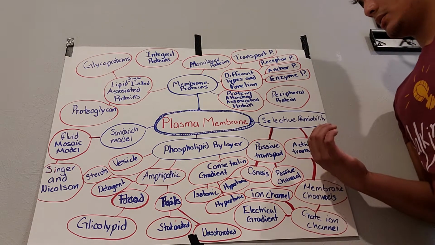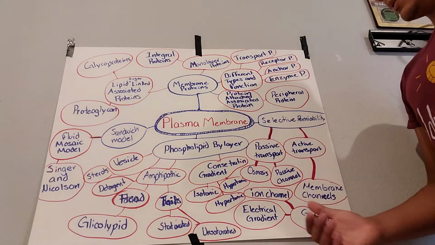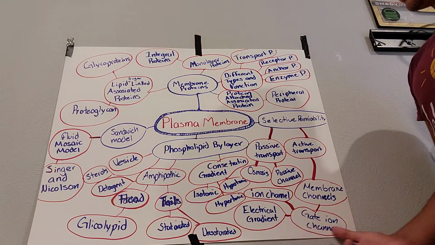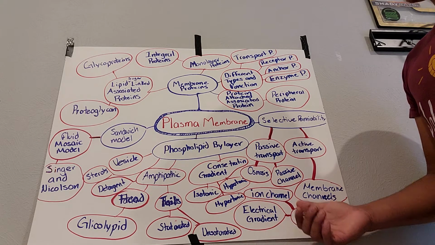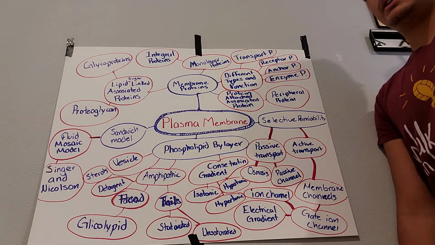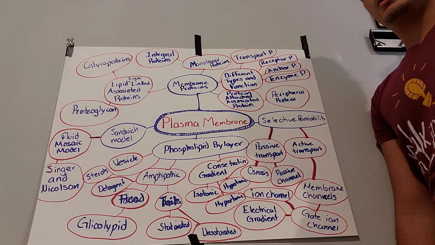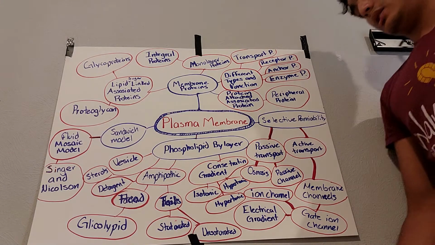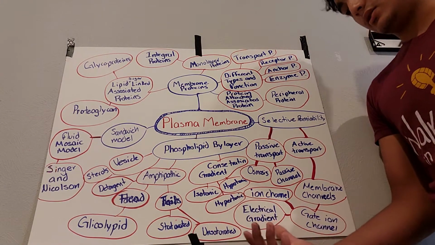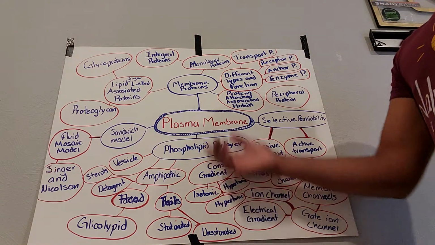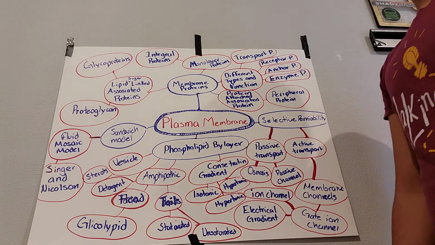You have active transport, which does require energy, like membrane channels, or gated ion channels, which require charged particles like potassium or sodium to be opened or closed, and these have to be charged, which is called an electrical gradient.